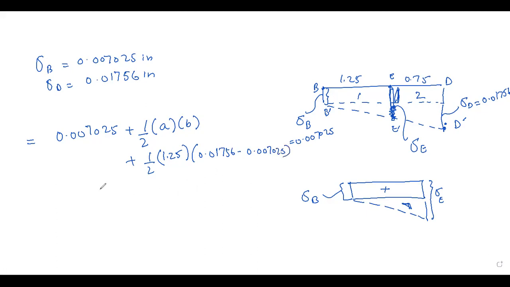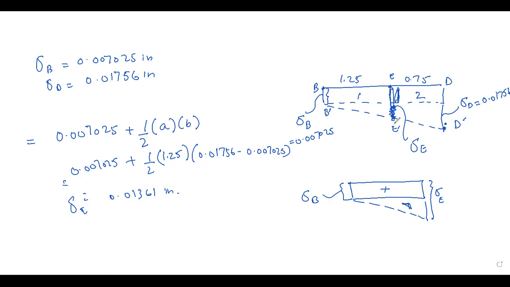So by solving this, you get deflection at E will be 0.01361 inch. This is deflection at E. Now this is because of the deflection of B and D. The E should be deflected as well.